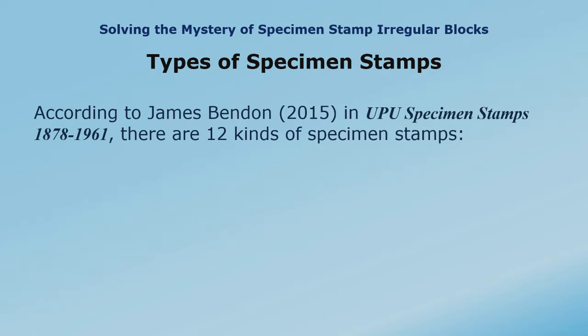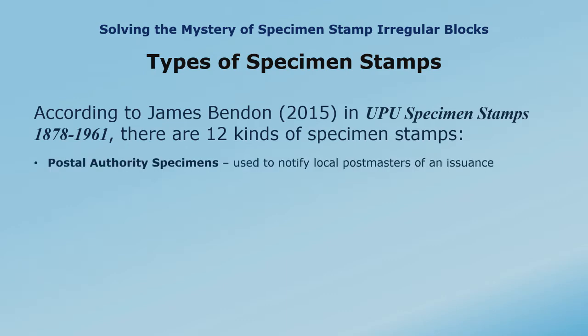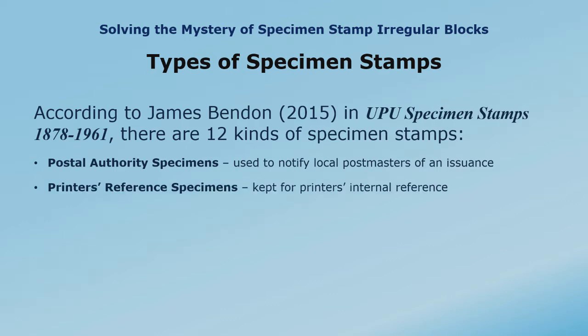And he says that in general speaking, there's 12 kinds of specimen stamps. Postal authority specimens are used to notify local postmasters of an issuance. And the first specimen that we'll see is actually precisely that.